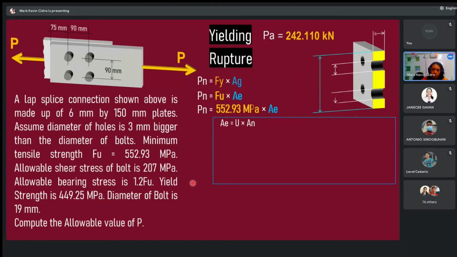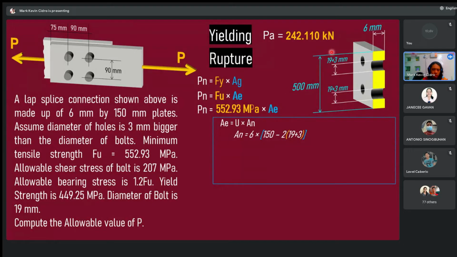And that is, if we try to solve here, the net area is 6, this is the width, 6 times 150, minus the holes. Take note, the diameter of the bolt is 19. That's the diameter of the bolt, it's right here. Also, the holes are 3 millimeter bigger than the diameter of the bolt.